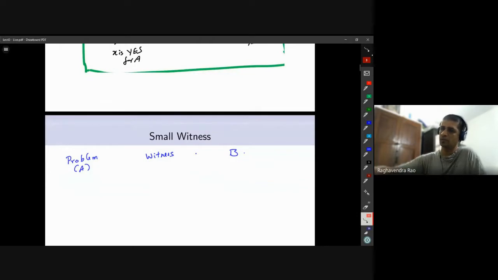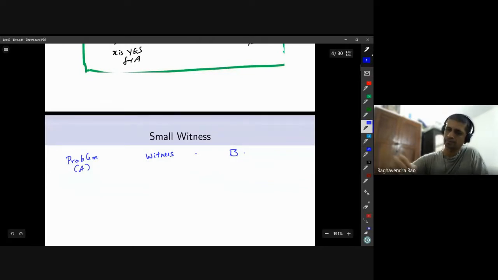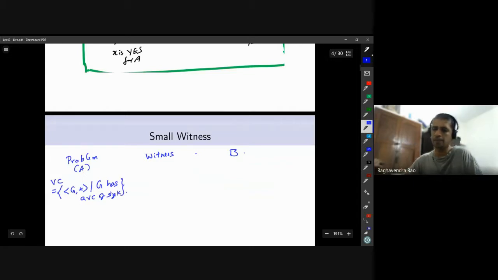So problem A is vertex cover. Let's start with vertex cover. In set notation, this will be G comma K, G has a vertex cover of size K. So this is the problem A. I'm writing it as a set, so all S instances are included in the set.